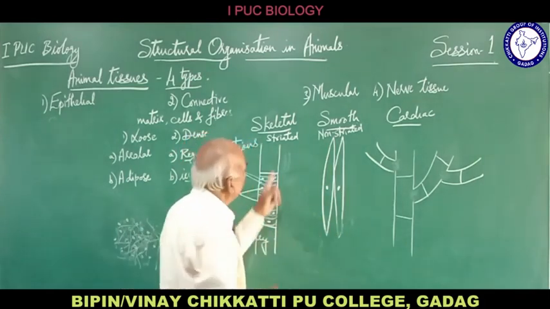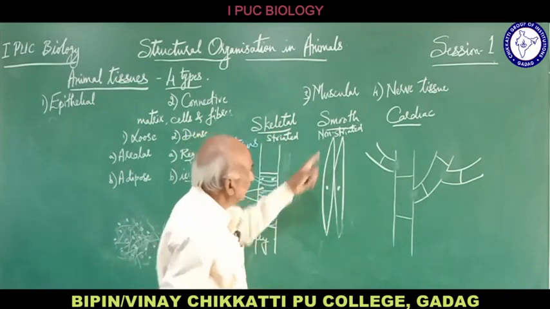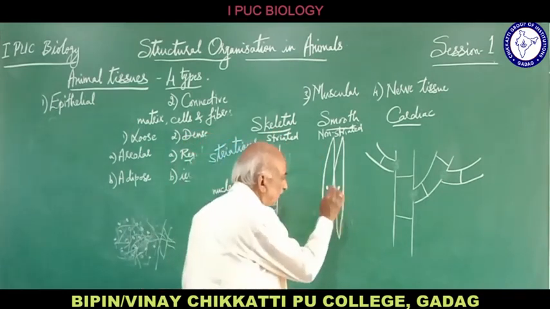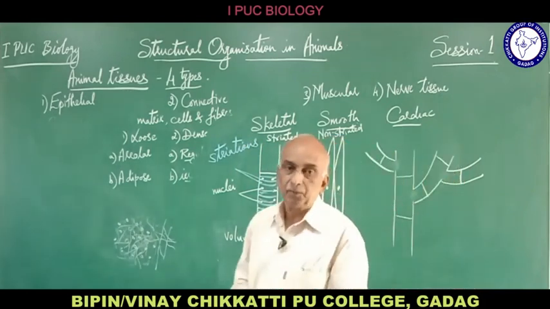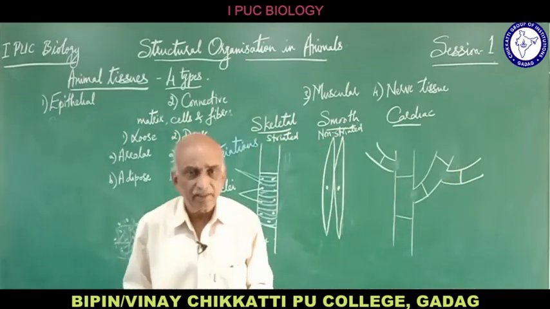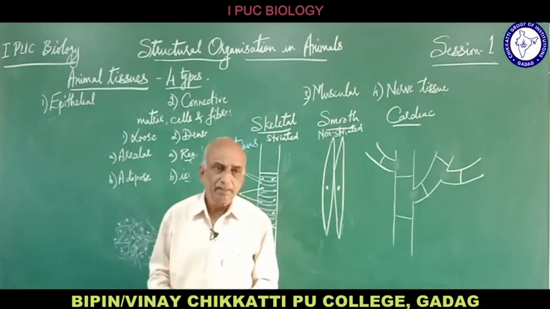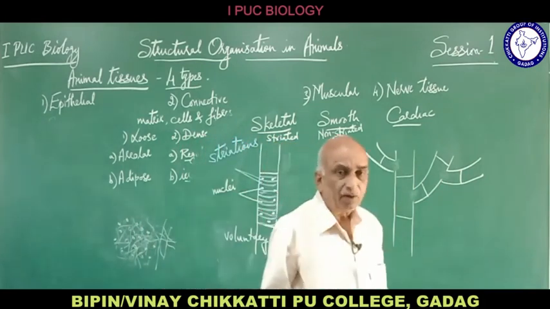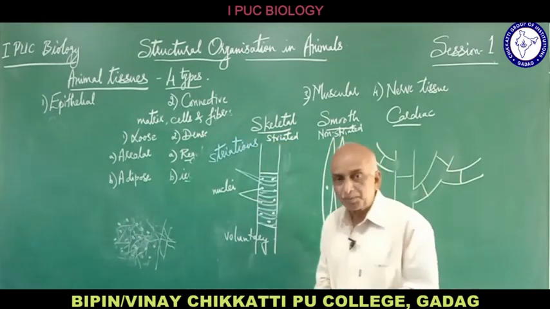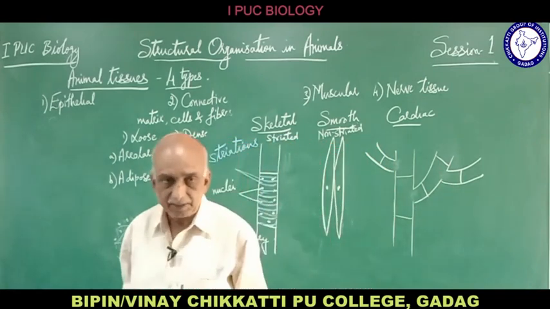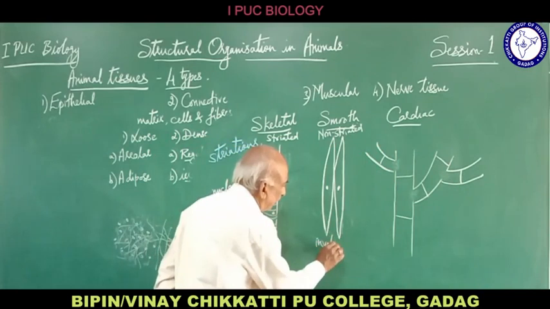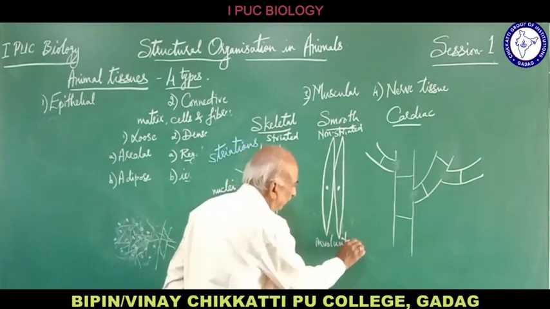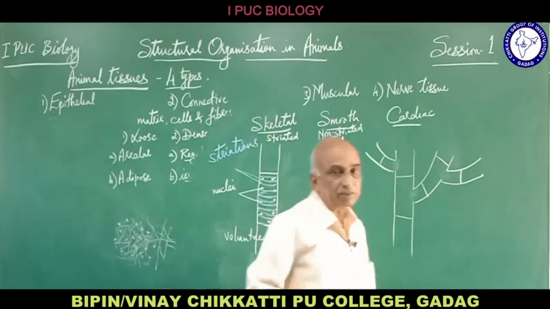And I said skeletal muscles are present attached to the skeleton, but smooth muscles are present in the wall of the blood vessels and the wall of organs inside the body. The wall of the intestine, the wall of the stomach, and the wall of the blood vessels all contain smooth muscles or non-striated muscles. These muscles are involuntary in function. We cannot contract them according to our will and wish.